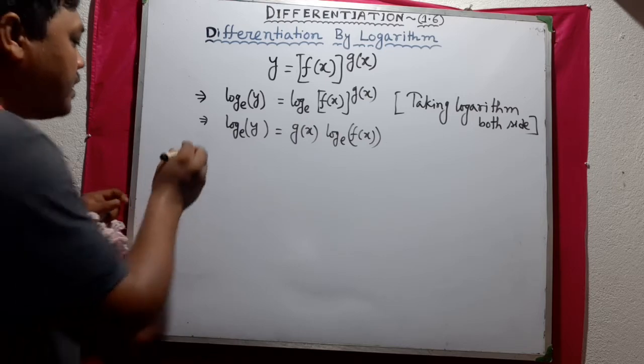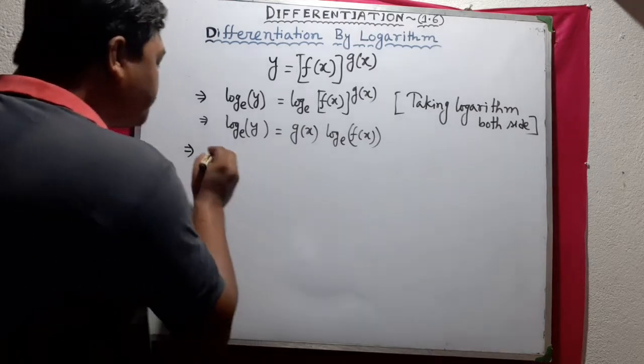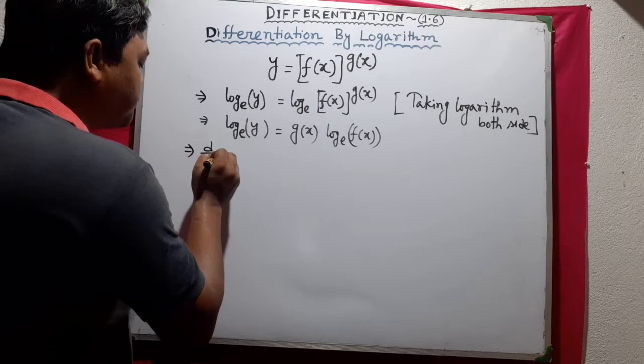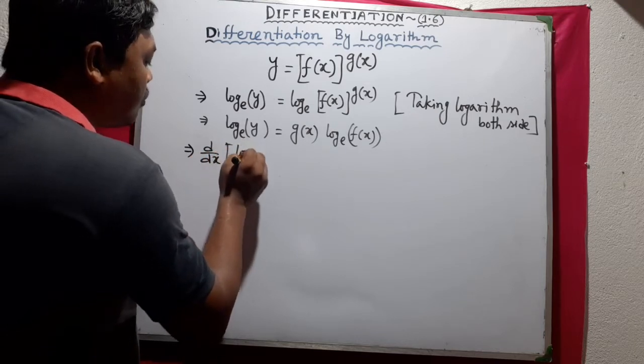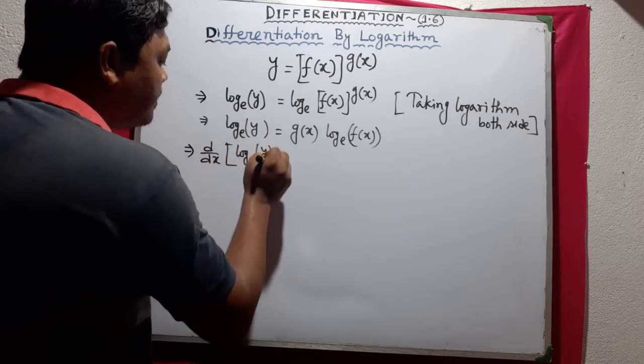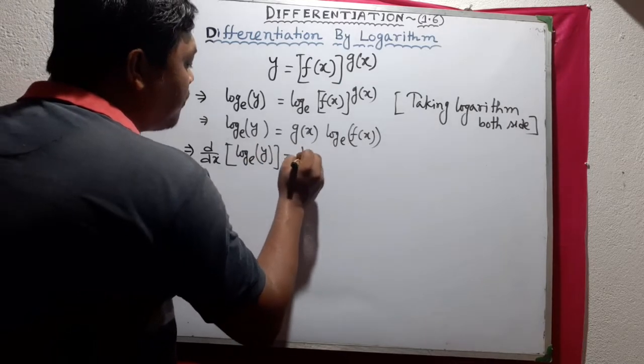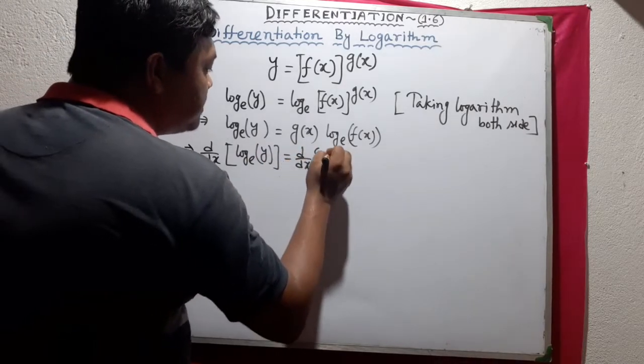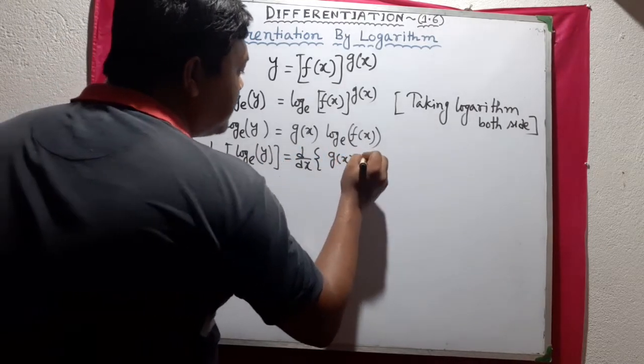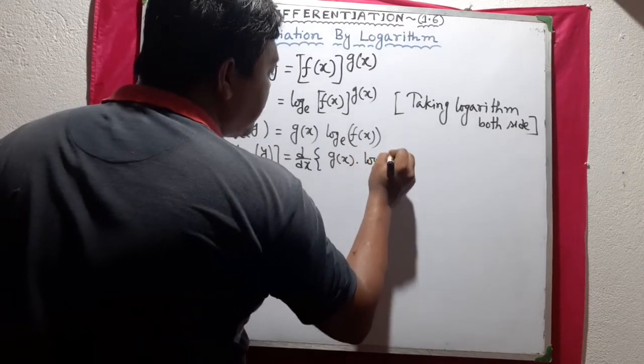So now differentiate with respect to x both sides throughout the equation. That gives d/dx of log base e y equals d/dx of g(x) into log base e f(x).